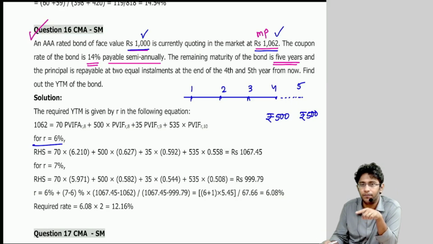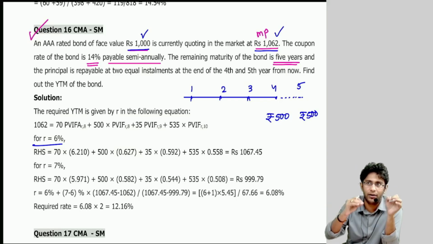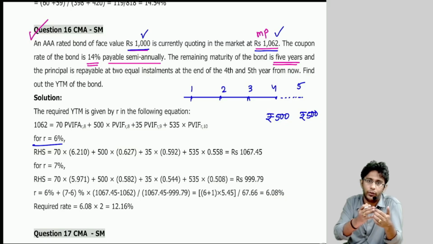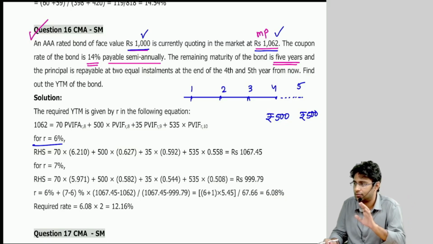If you have to learn, you should have the entire knowledge. A bond trading at premium means the coupon rate is higher than the required return. Therefore, to catch the required return or YTM, you have to go below the coupon rate. The coupon rate is effectively 7% now, so go below 7%. That's the reason. Okay? So try.